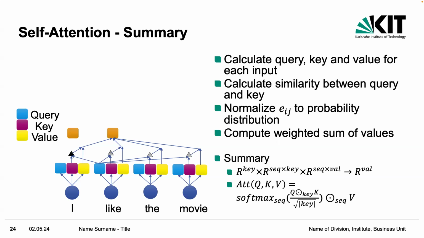I mean, in this type of notation, you explicitly say across which dimension you do this multiplication. So here you do the multiplication across the key. That means your result has a dimension sequence. And here you do the one across sequence. This has no sequence.